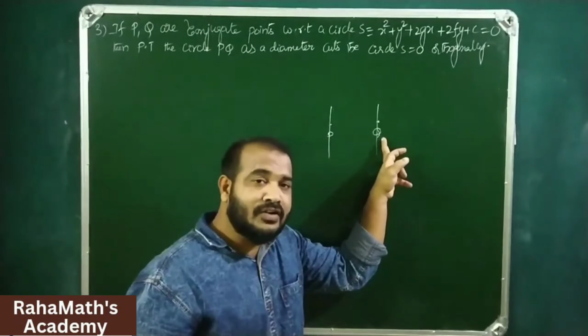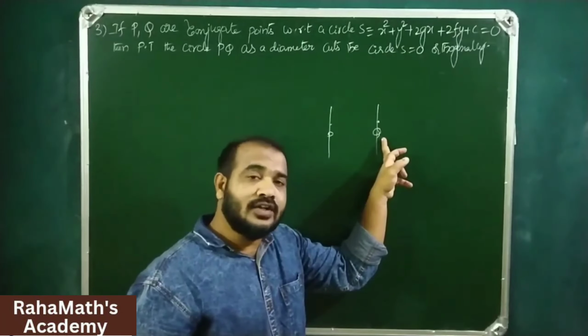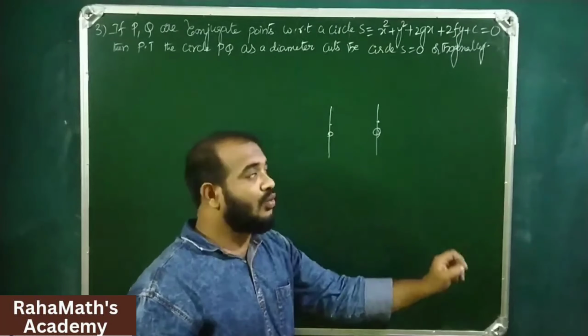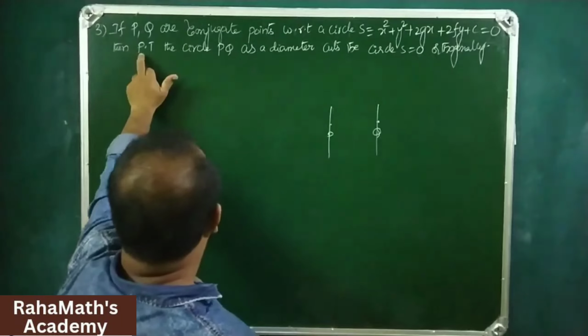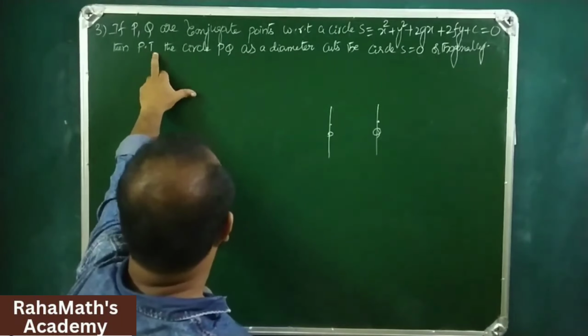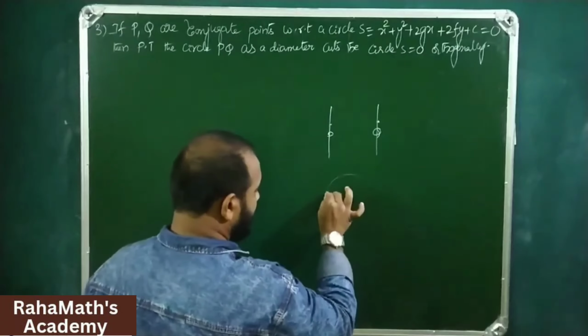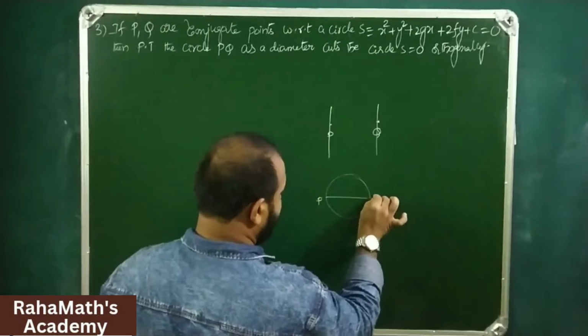And the condition for the points P comma Q to be conjugate points is S12 equals 0. Another part is to prove that the circle with PQ as the diameter cuts the circle. So this is the circle with P comma Q as the diameter.